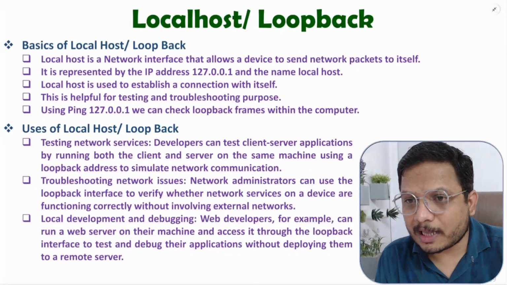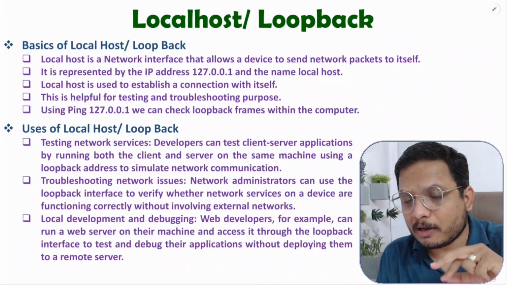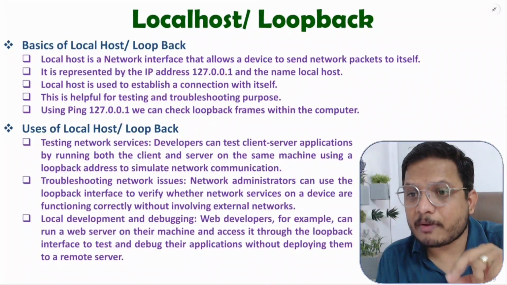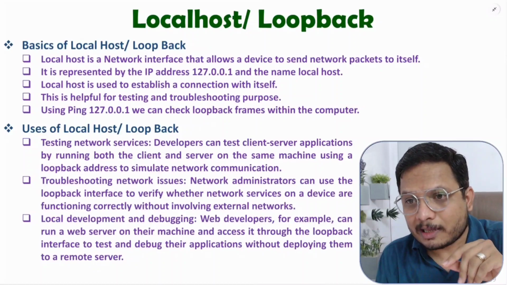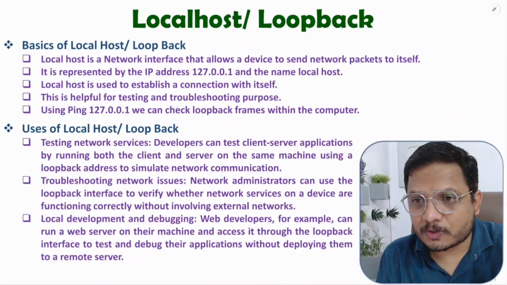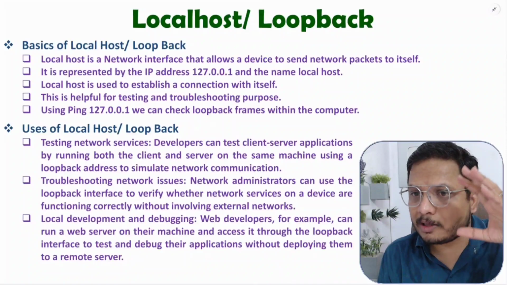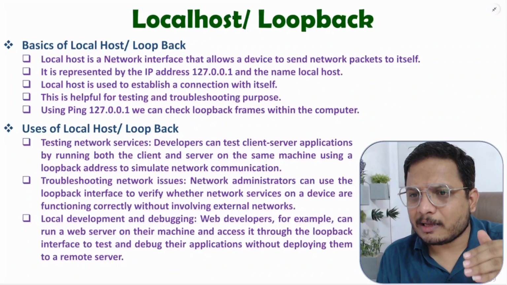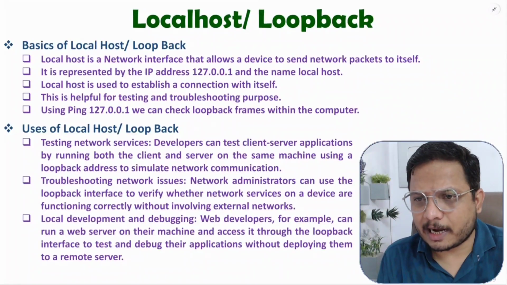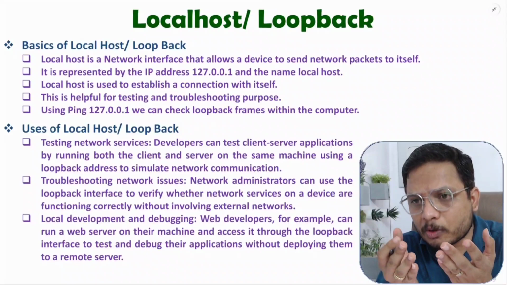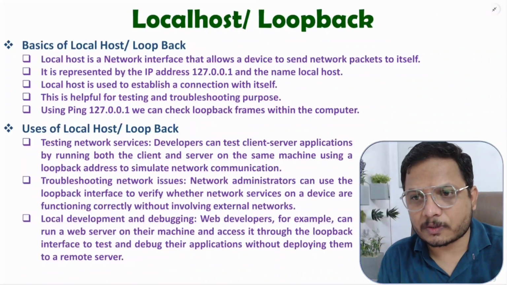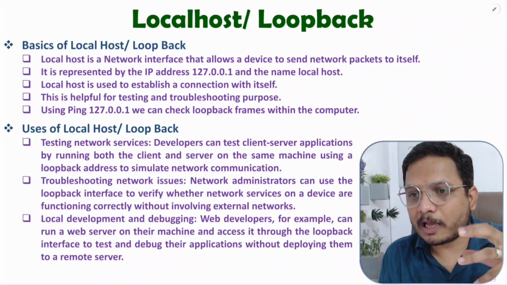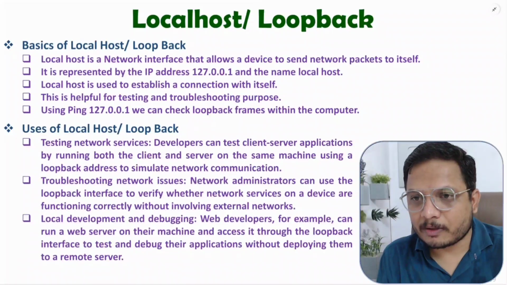If you want to observe whether external networks are involved or whether things are functioning fine, you check by pinging localhost. There can be software issues and hardware issues, and you can resolve all of these within your computer. That can be done by a network administrator, and you can be the network administrator of your own computer, where you can troubleshoot these issues once you get to know what is happening with your computer.